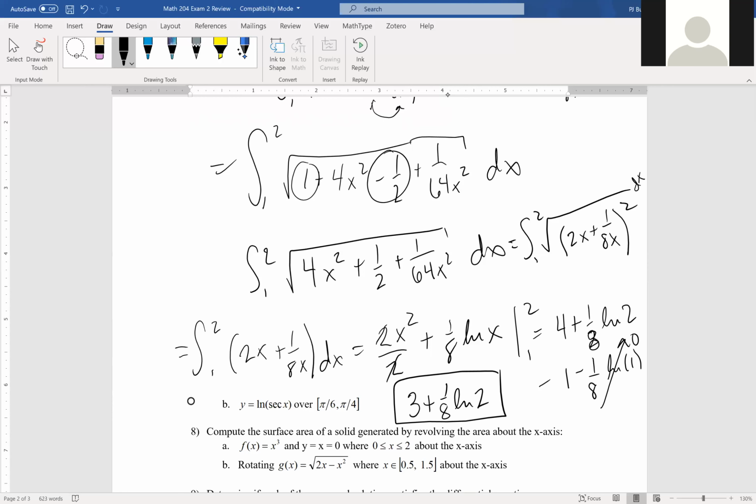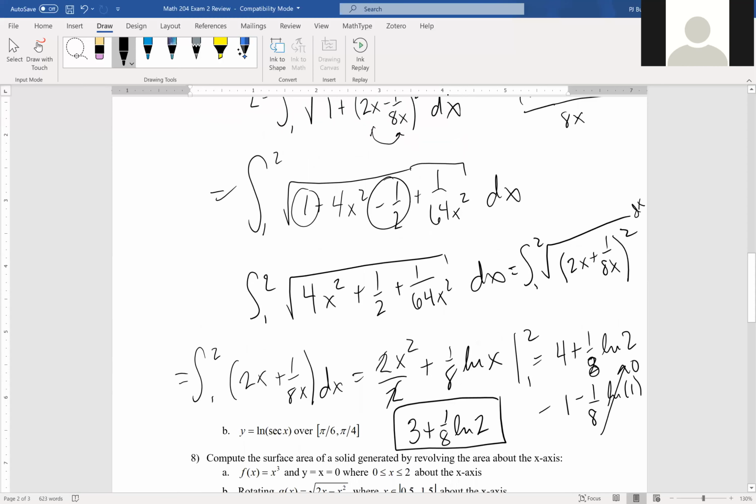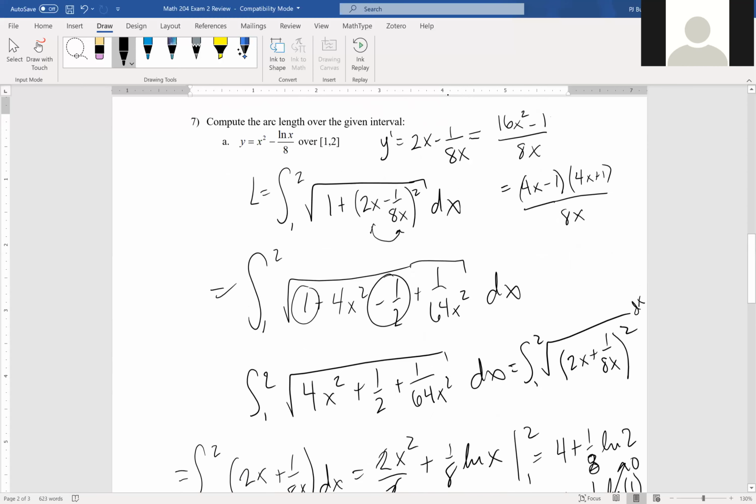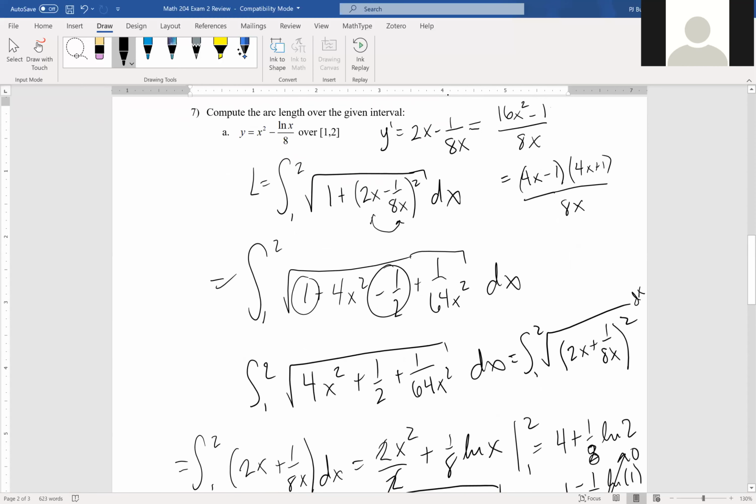Wait, can you scroll up for a sec? So how did you get to 16x squared minus 1 over 8x? I just was looking to see if I would benefit if I put them together.